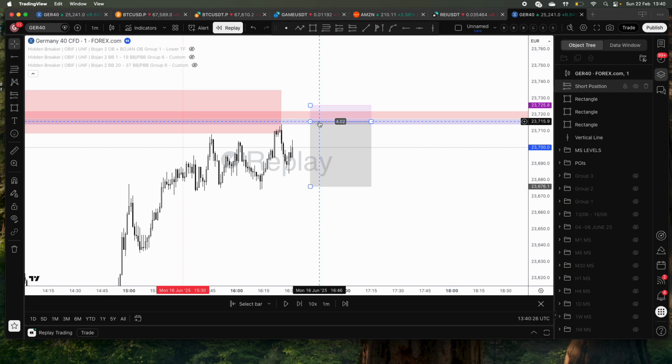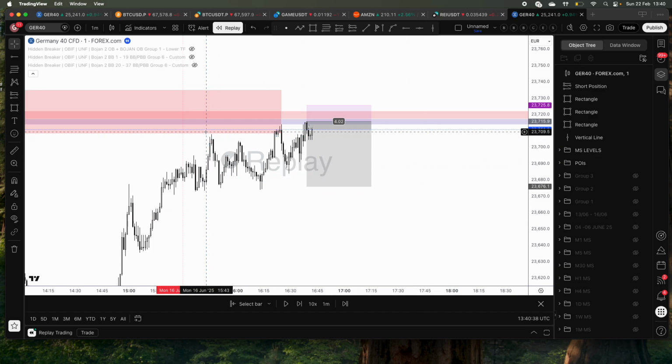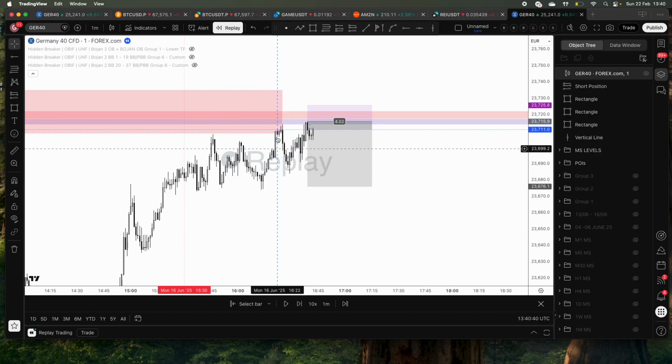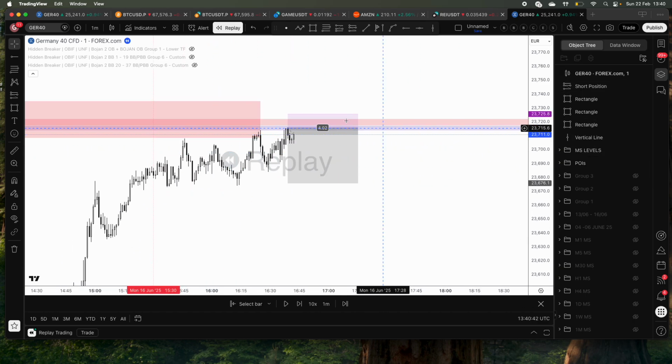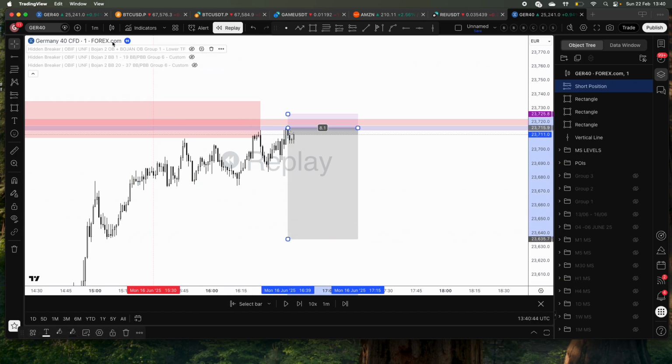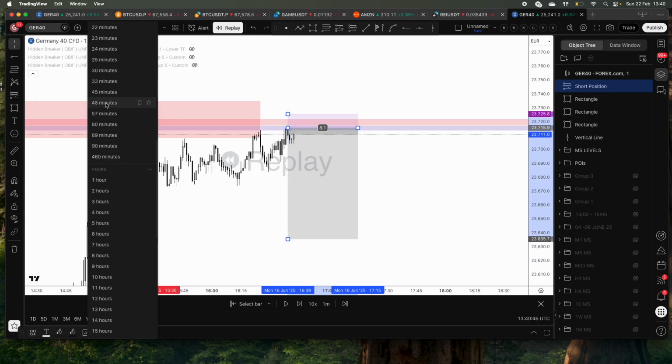So I'm still waiting for the midpoint for this to be achieved before I enter, which we get bang on, right in the middle, stop loss above the supply zone, perfect M1 distribution in a high probability area. And as I say, we will be targeting a naked liquidity point.